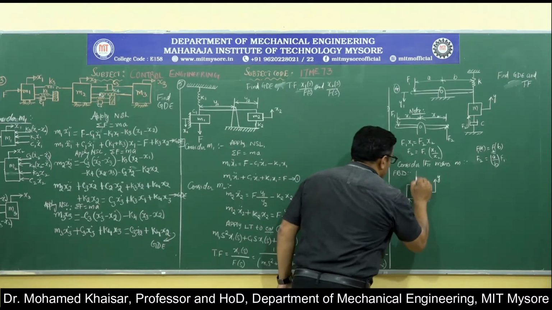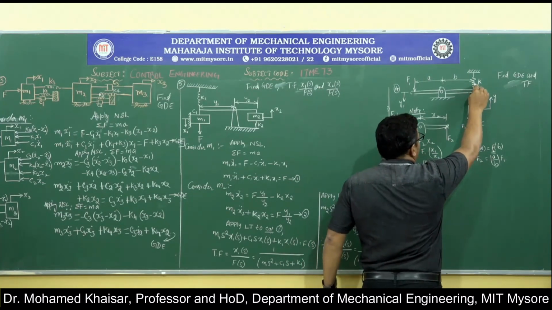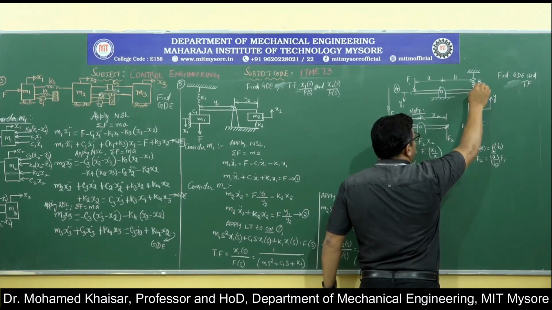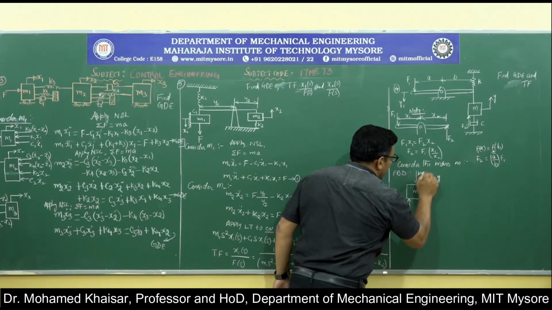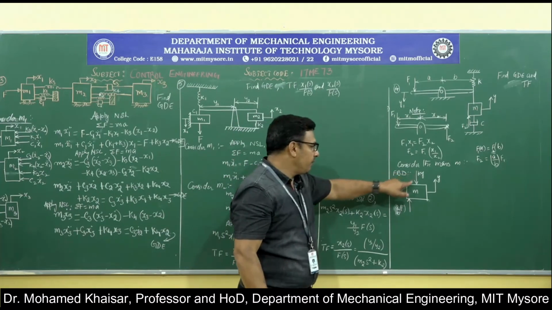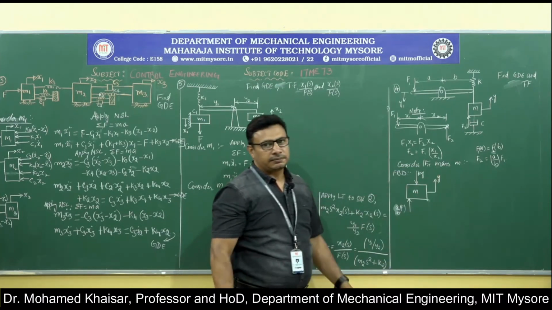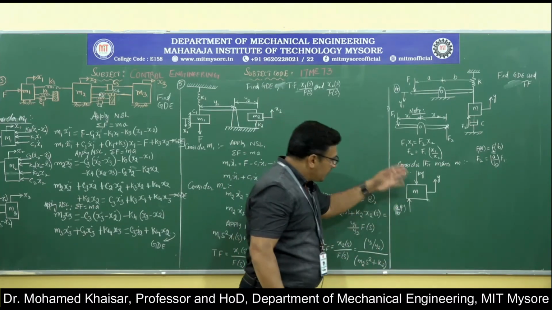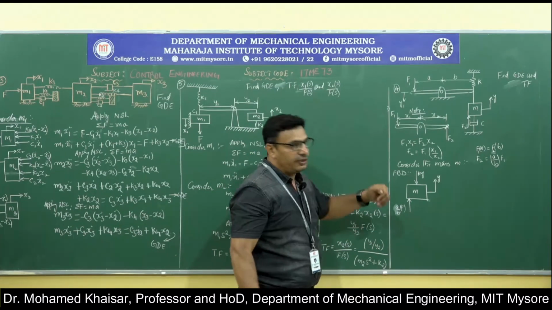So, there is a spring which is offering the resisting force in the direction opposite to the displacement. How much force is it going to offer? K into y. What will be the direction of the resisting force? It will be in the direction opposite to the displacement. Why? Because the job of the spring as well as the damper is to resist the disturbance.